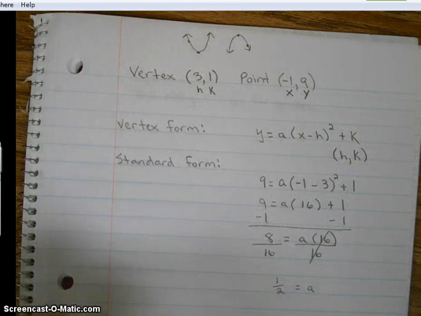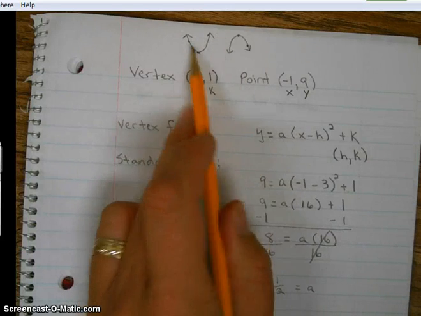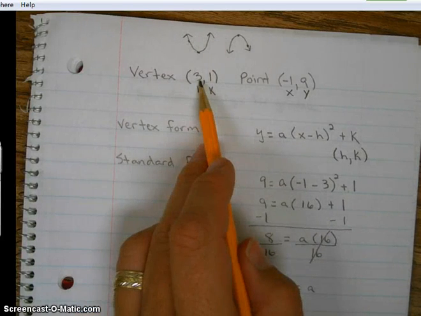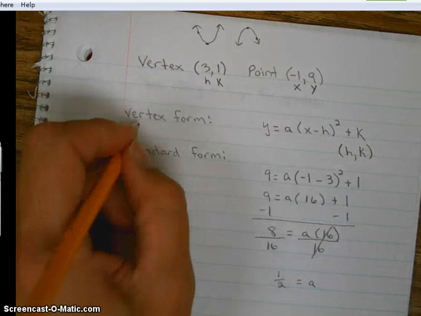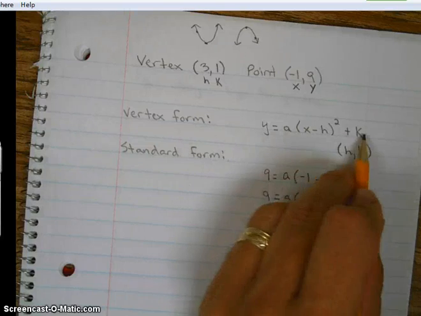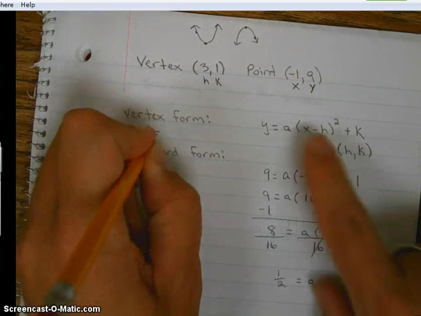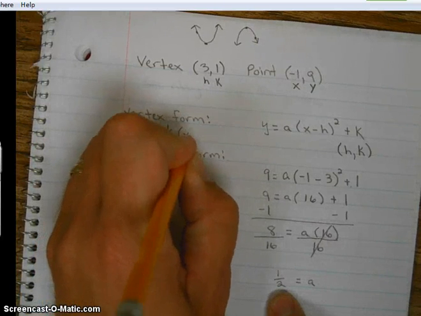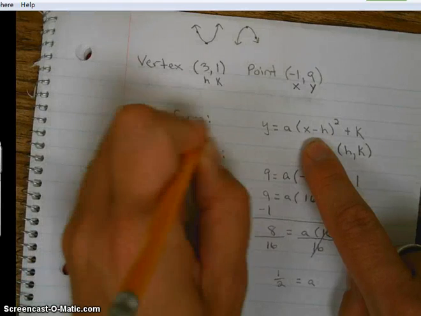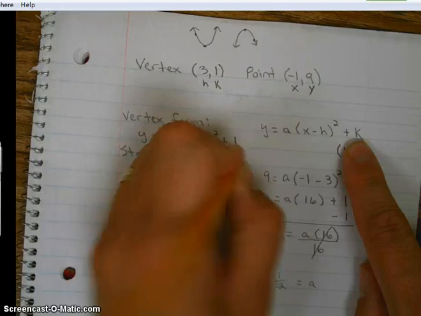So now we can write the equation of this parabola just by having the vertex form and a point. So we're going to write it like this. y equals, a is 1/2, (x minus h) squared plus 1.